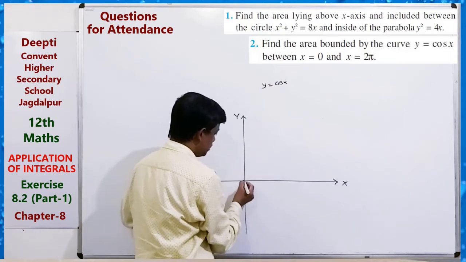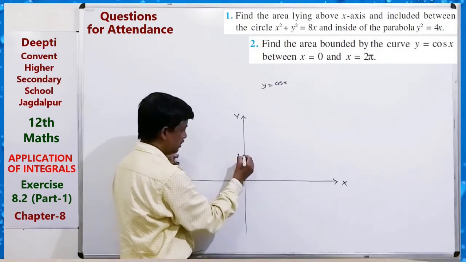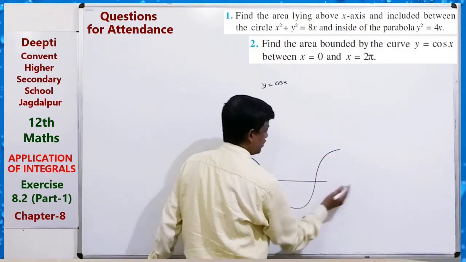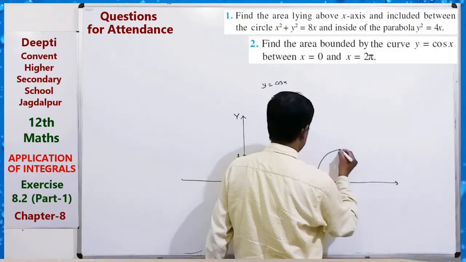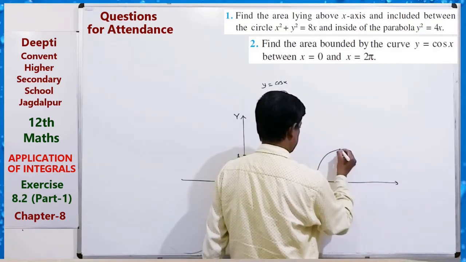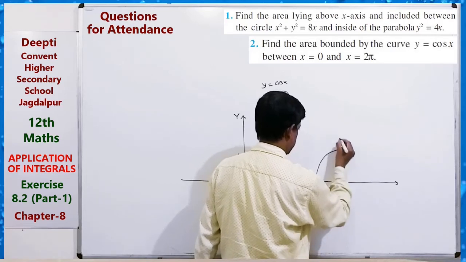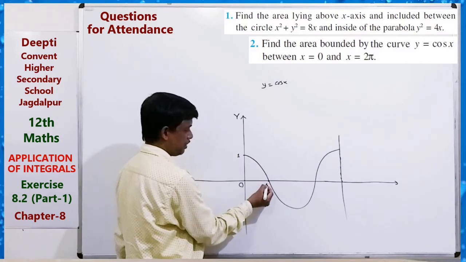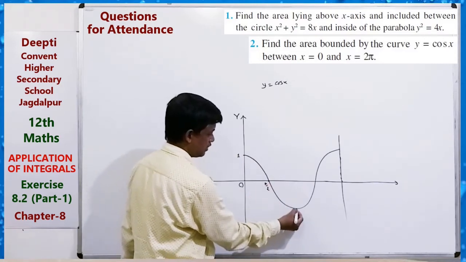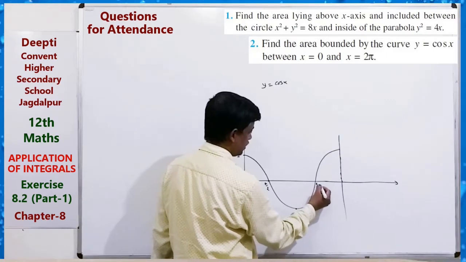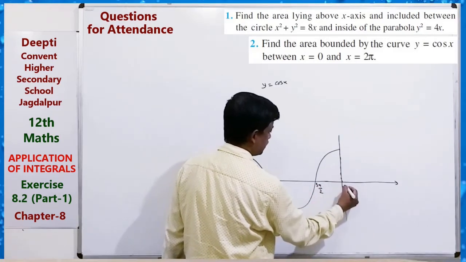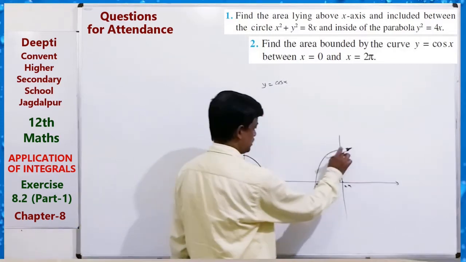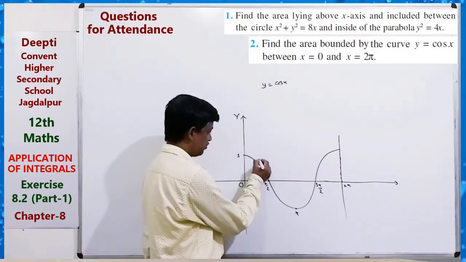It is 0, then 1 is this, then here pi by 2, here pi, here 3 pi by 2, here 2 pi. This is 1, this is also 1. So this is the curve.